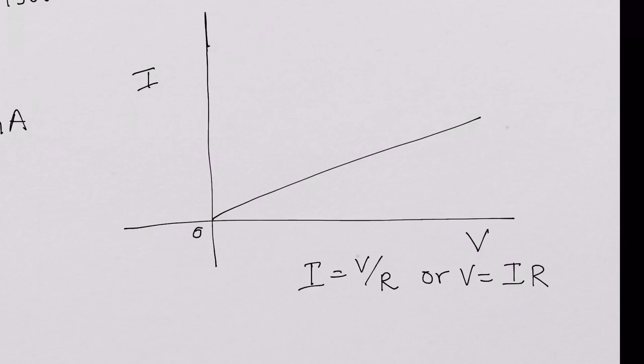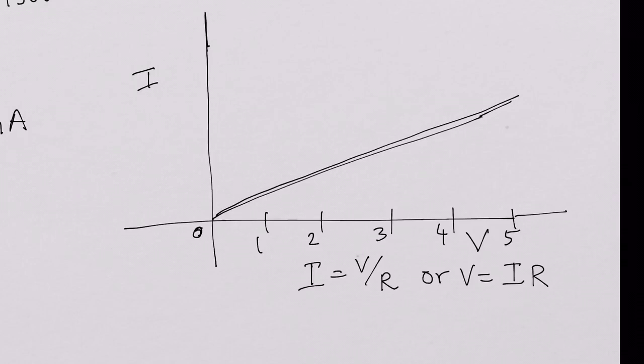So it's 0 volts, and then say you're increasing your voltage 1, 2, 3, 4, 5 volts here. If you have a certain resistance, you get a straight line curve here.